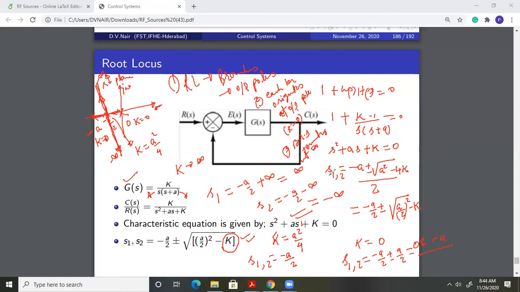So it approaches infinity with k equal to infinity. So these are some of the things which we can carry forward from the discussion of this simple second order control system in developing the root locus that would be valid for any higher order control system.